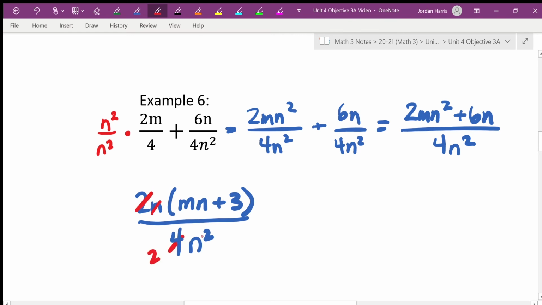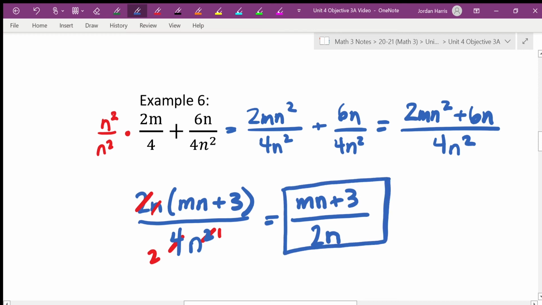So I get 2, one of the n's simplifies. So I'm left with mn plus 3 glued together, and plus makes them glued together, over 2n. Can't factor more. Those things are glued together. They're not exactly the same, so we're done. There it is, mn plus 3 over 2n.